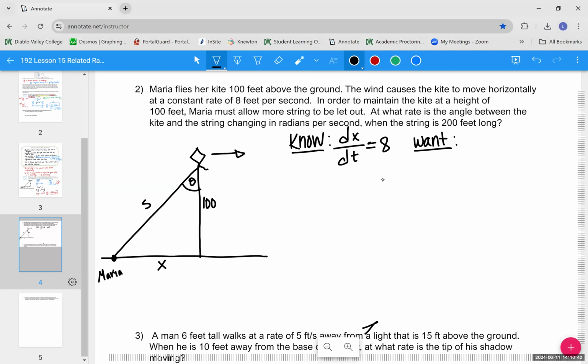The kite and the string, not Maria and the string or the string and the ground, but the kite and the string. So I'll label that with a theta. And that's what I'm looking for, a d theta dt. At what moment? When the string is 200 feet long.